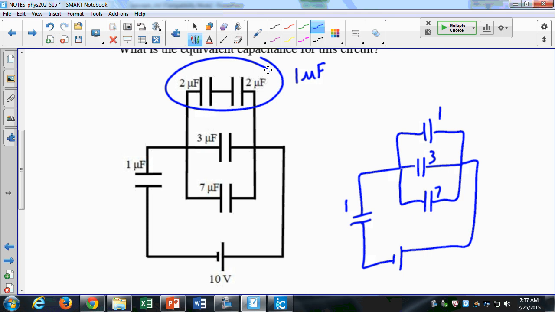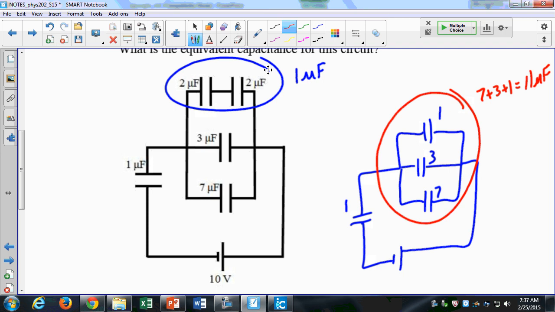What would I do next in finding the equivalent capacitance? Right, I do the parallel. So I would take this part and find the equivalent capacitance of this, which is going to be 7 plus 3 plus 1. And that's equal to 11 microfarads.